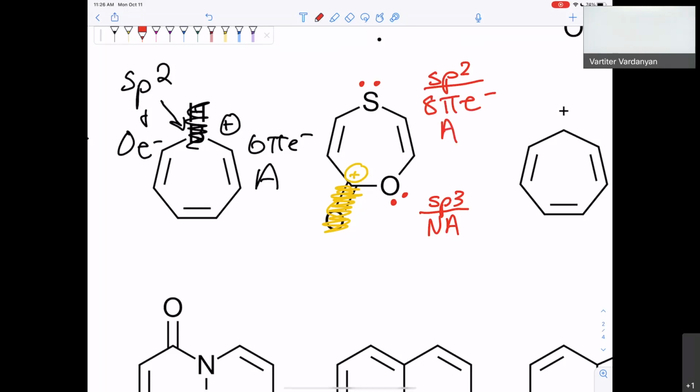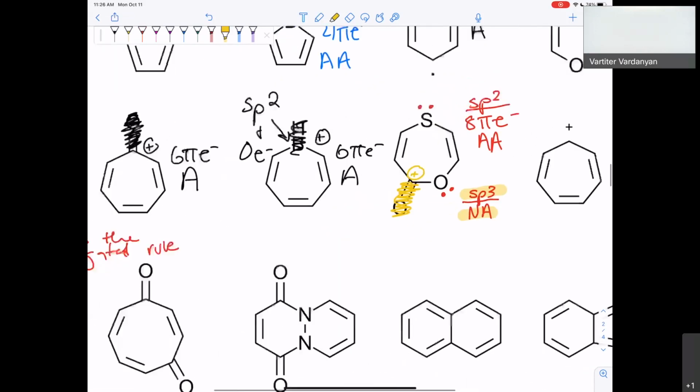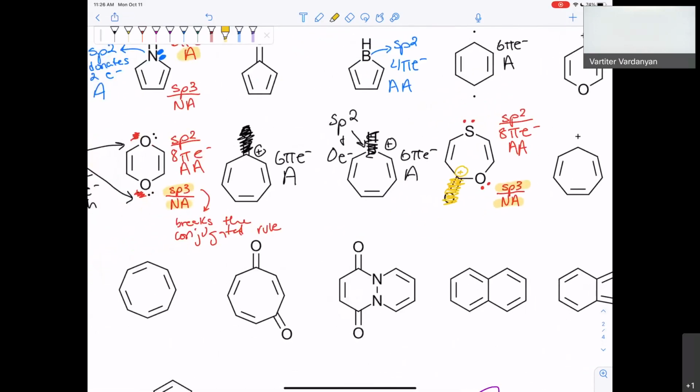Anti. So again, we're stuck between anti-aromatic and non-aromatic, and you guys told me last time we would choose non-aromatic. So this turns out to be almost the same case. The only difference is it's a bigger ring and they added another heteroatom just to confuse you. But remember, if it's double bonded outside the ring, just get rid of it and pretend it's a carbocation.